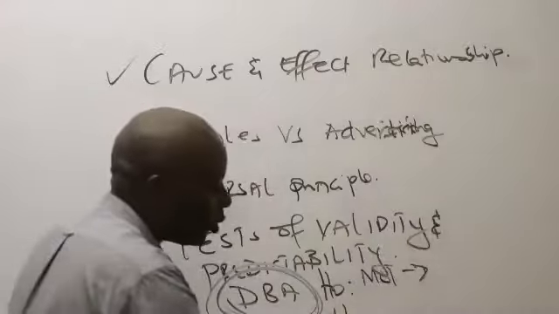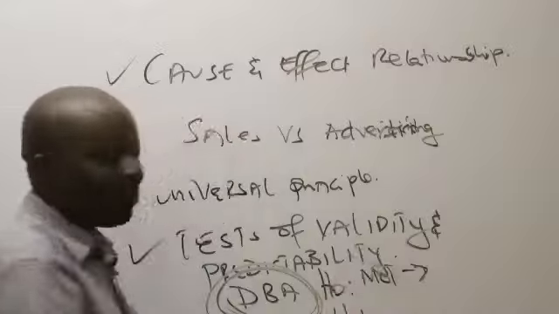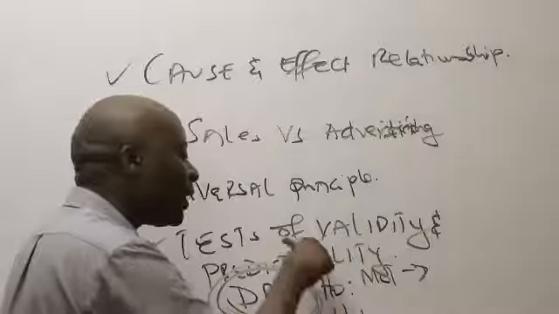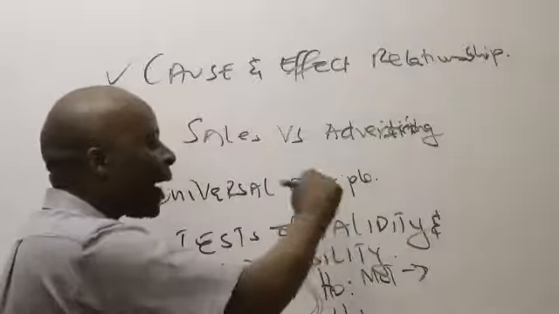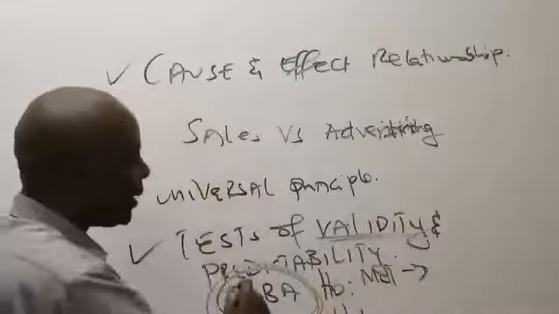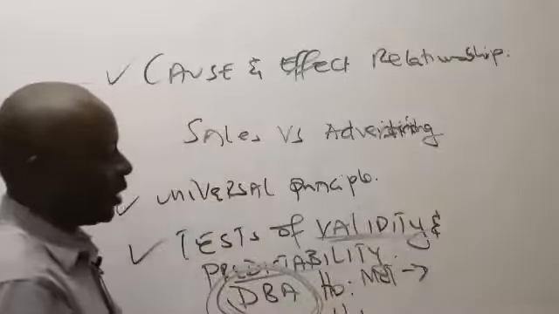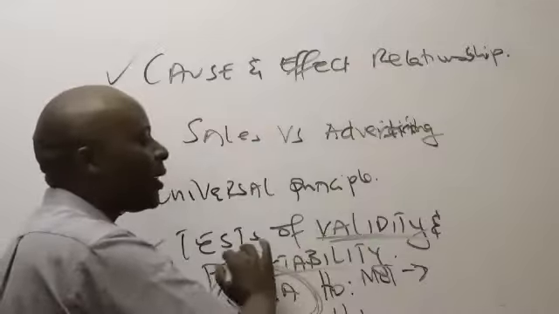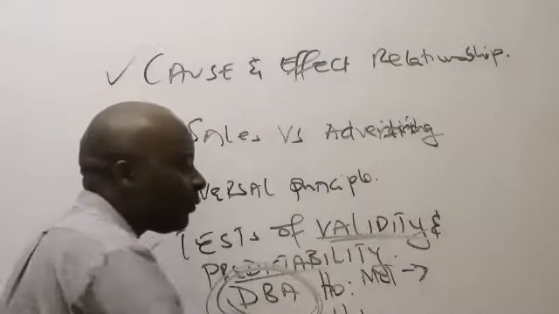And then we have the alternative hypothesis, which normally is the opposite of this. So we are able to test our management hypotheses, whether they are valid. We can easily predict using regression. This tells us that management is something that is scientific.